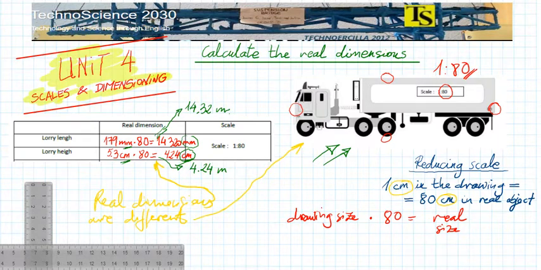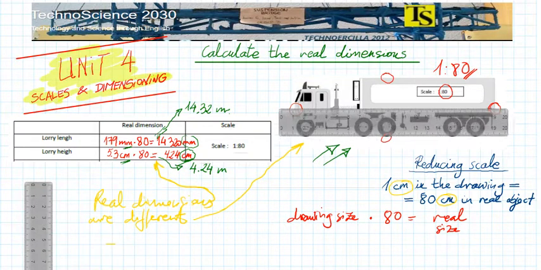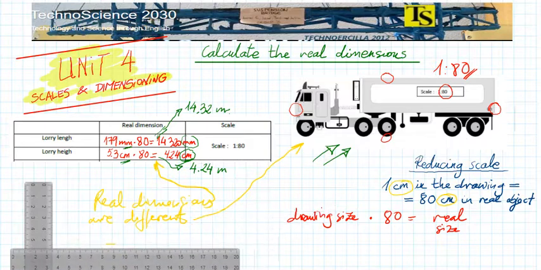When I use the ruler to measure, I get different dimensions than you have. The purpose of this video is to learn how to calculate the real dimensions, not to compare with the results that you get in your paper.